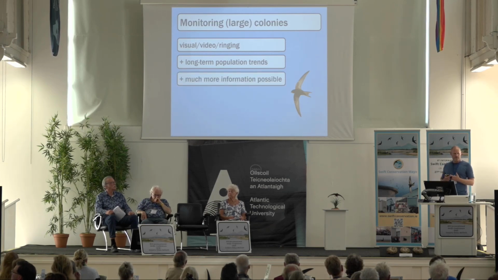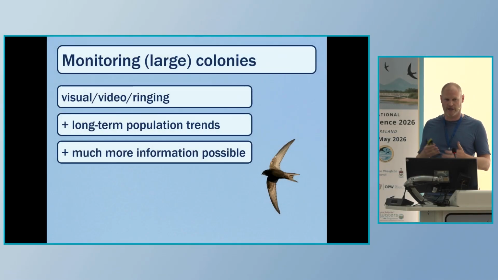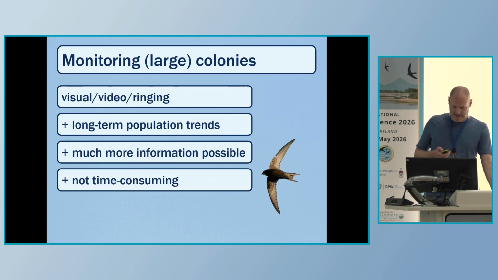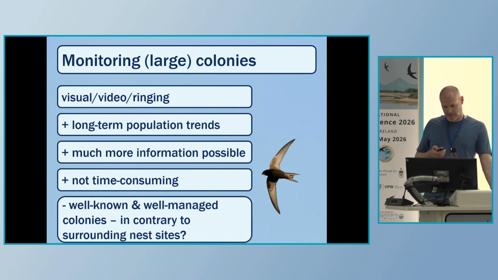There is also much more information possible, not just the number of breeding pairs, especially if you have nestbox cameras or ringing. You get a lot more information about the swifts. It is not as time-consuming as counting or mapping buildings. But the disadvantage is that normally it is only done in well-known and well-managed colonies, mostly with artificial nest boxes.